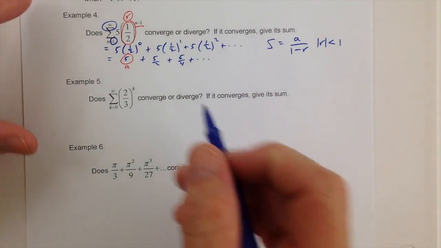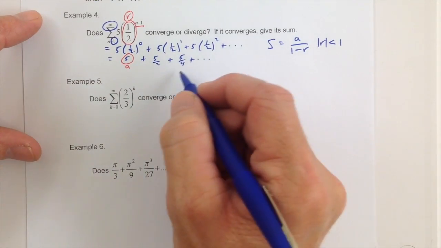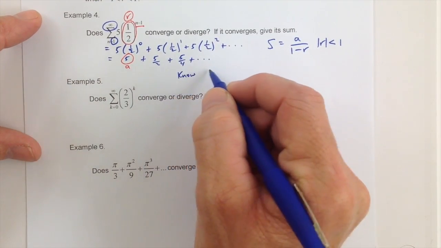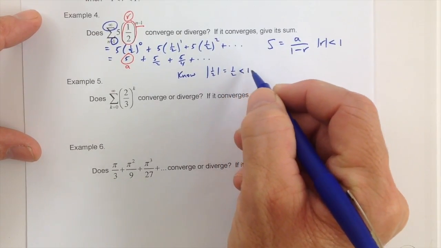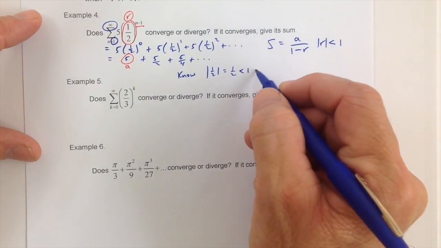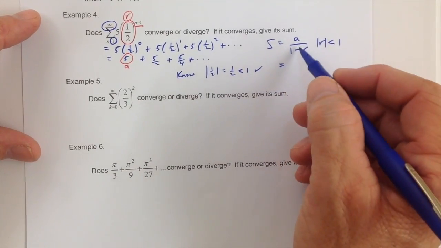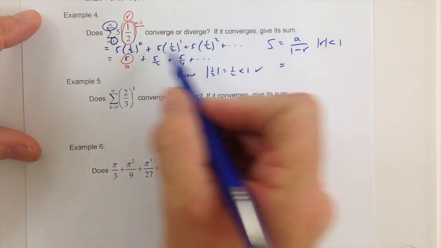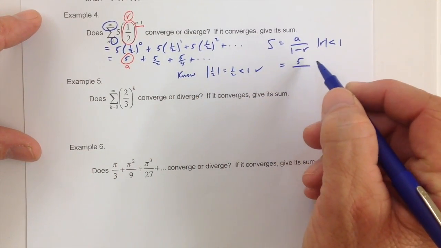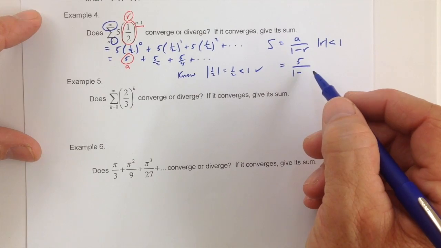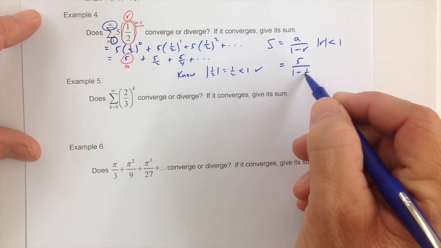So we can see that we have r, which is 1/2, and the absolute value of 1/2 is 1/2, and that's less than 1. So that checks out. We are allowed to use this formula to find the sum of this infinite series. So let's put our first term up on top, divided by 1 minus our common ratio, which is 1/2.